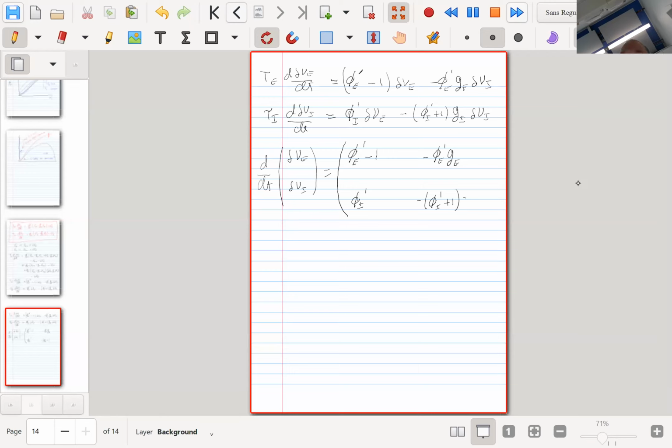Oops. The gi is in the wrong place here.